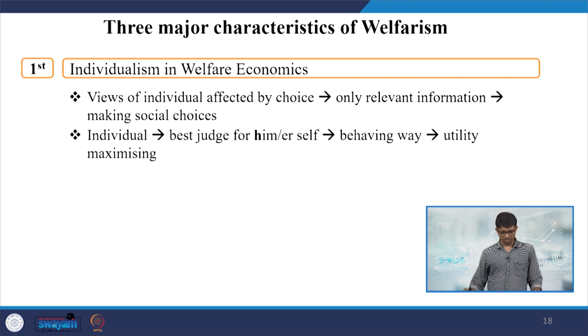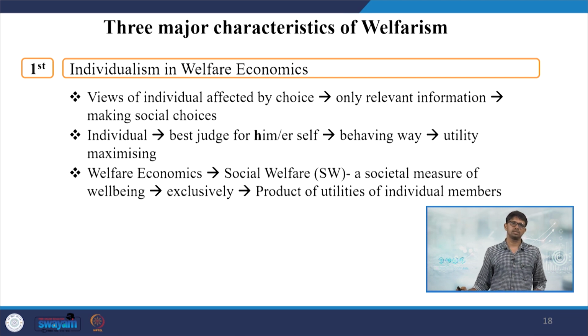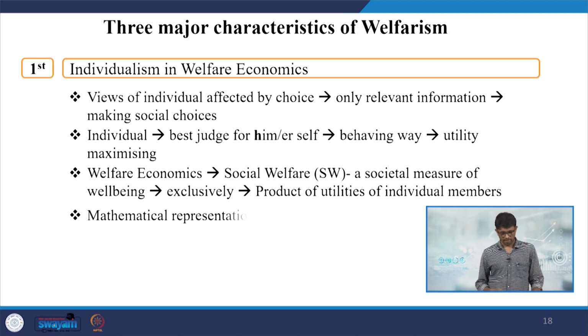The individual is the best judge of him or herself, behaving in the way that will maximize his or her utility. Hence, in welfare economics, we discuss social welfare, a societal measure of well-being, exclusively identified with the product of utilities of the individual members and cumulatively optimizing the social welfare.